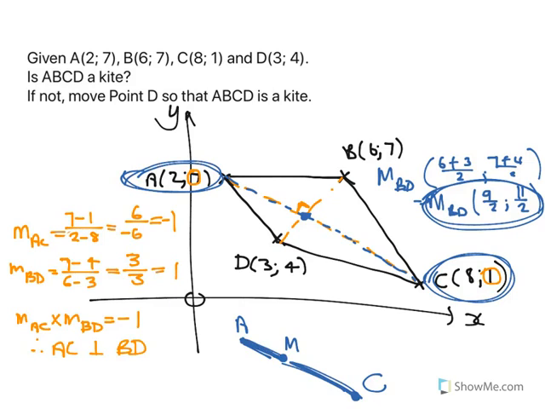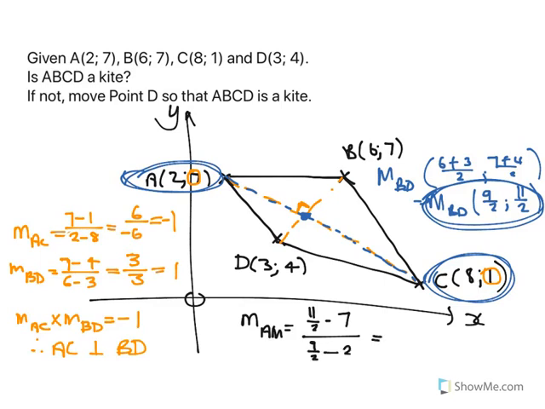If the gradient from here to here was different to this gradient, then there'd be a little kink from M to C. And so the fact that they're on one line must mean that the gradient of the line from A to M must be the same as the gradient from M to C. So let's work that out. The gradient from A to M would be (11 over 2 minus 7) over (9 over 2 minus 2). So that's 5.5 minus 7. That's minus 5 over 2. Is that right? That is not right.